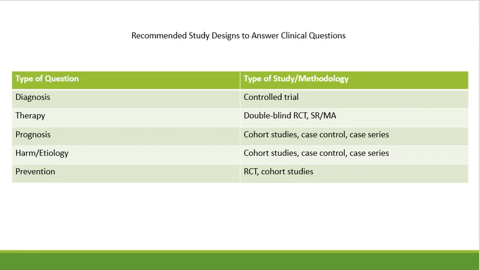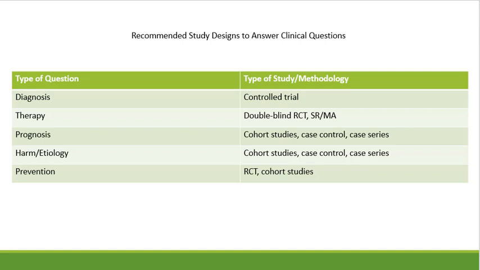So for example, if we look at therapy there, because that's probably going to be the one that the majority of you are interested in, therapy is going to be answered by double-blind randomized controlled trials. If not possible, maybe a single-blind randomized controlled trial.